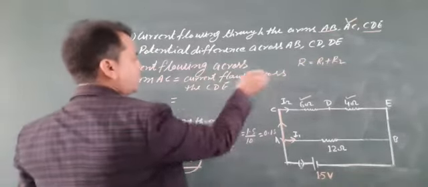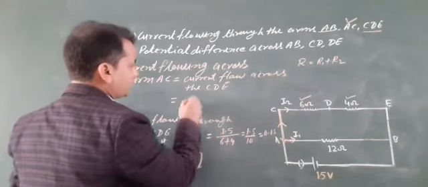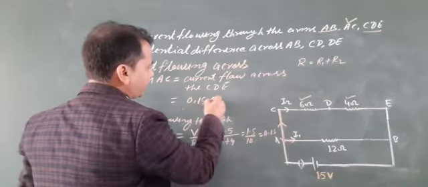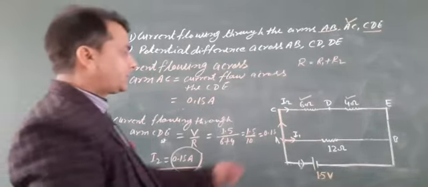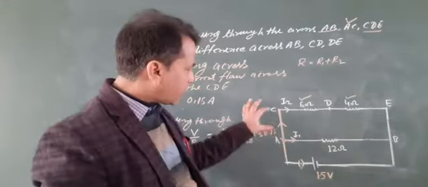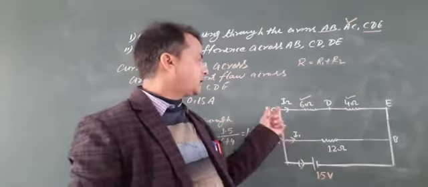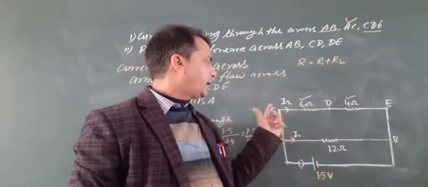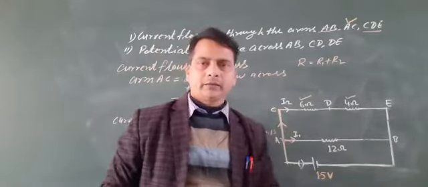So current I2 flowing across the arm AC is the same as the current flowing across the arm CDE.